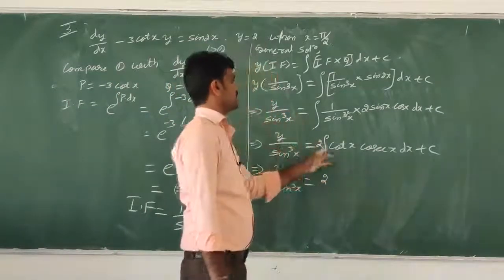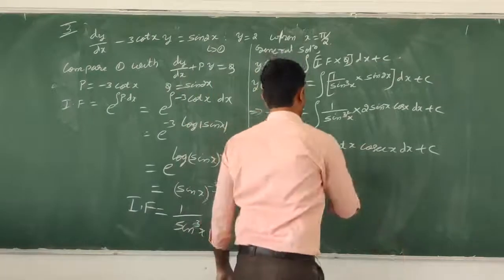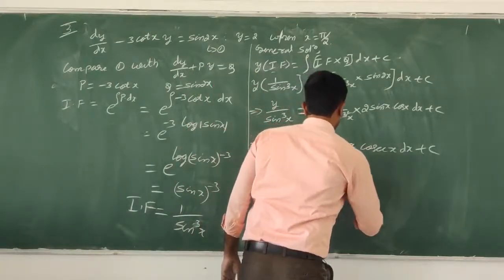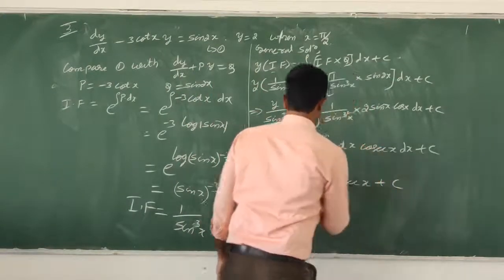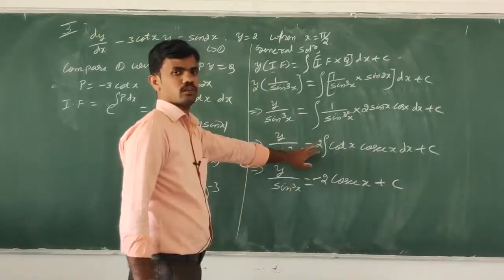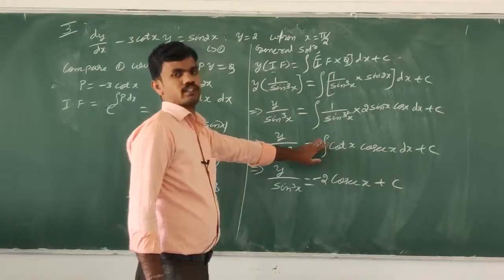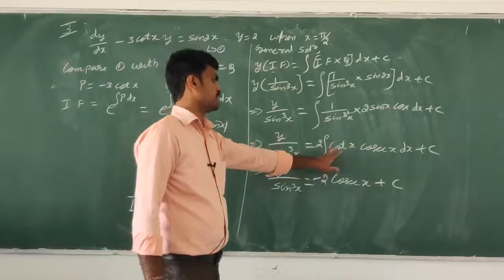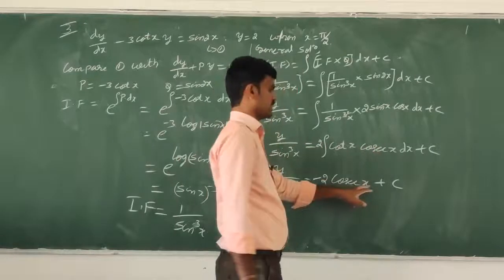So integration of cot x into cosecant x is minus cosecant x plus c. So it becomes minus 2 into cosecant x, and the constant coefficient 2 is kept as it is.